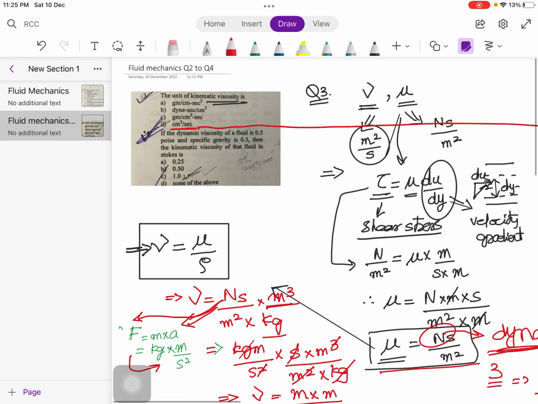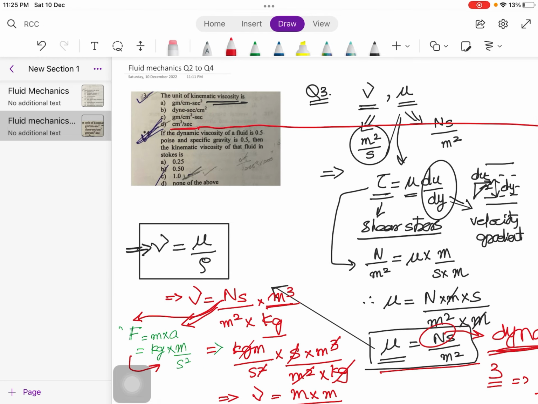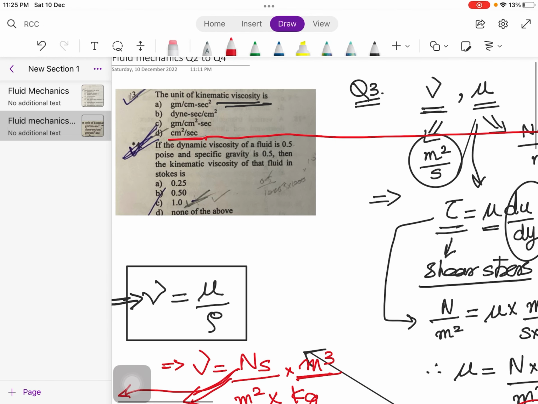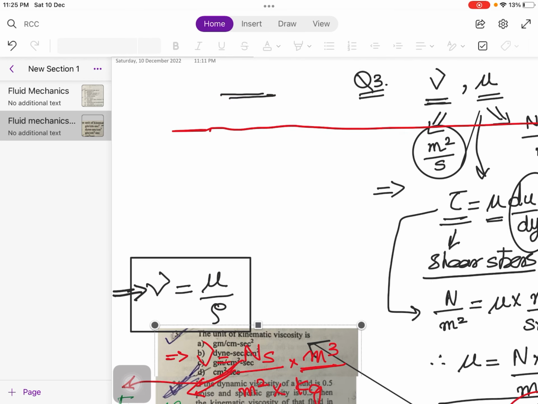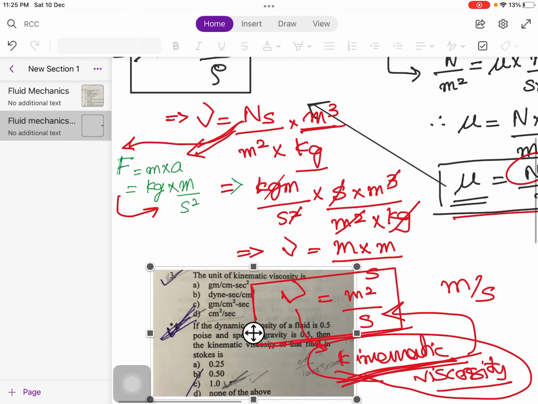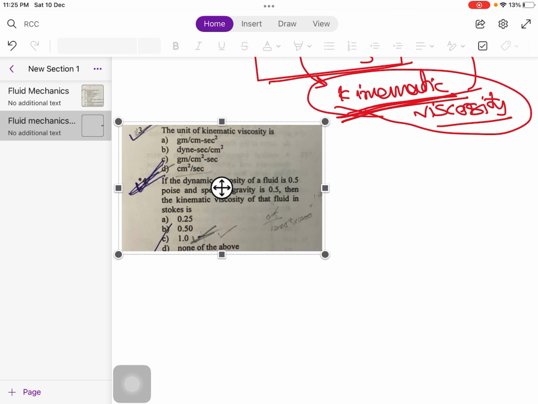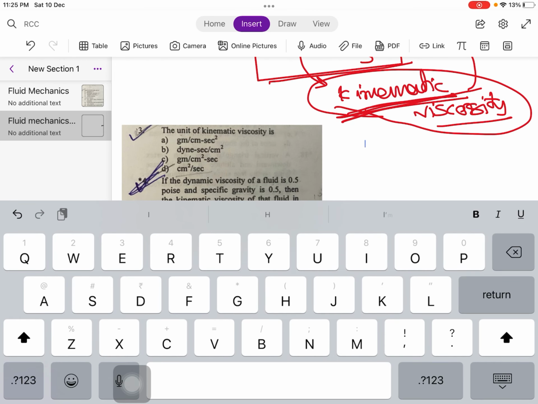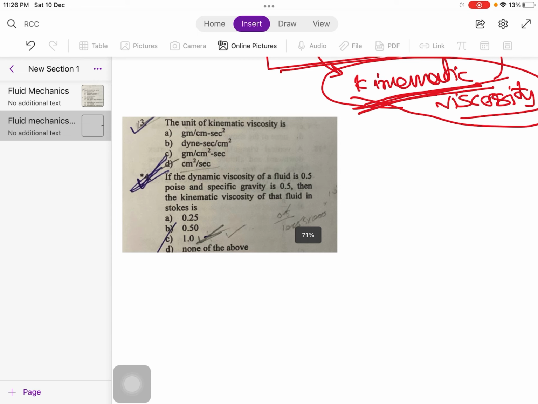Now, let us discuss question number 4. Question number 4 states: the unit of dynamic viscosity, if the dynamic viscosity of a fluid is 0.5 poise.